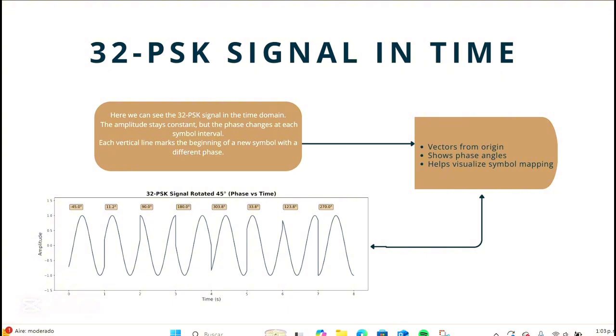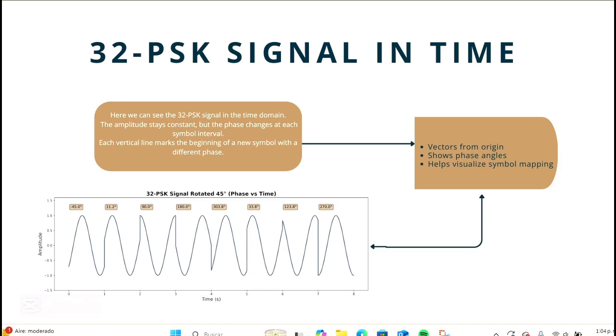You can see the phase angles labeled above, for example, minus 45 degrees, 11.25 degrees, 90 degrees, and so on. The vectors from the origin show the phase angles, and this helps us visualize the signal mapping.